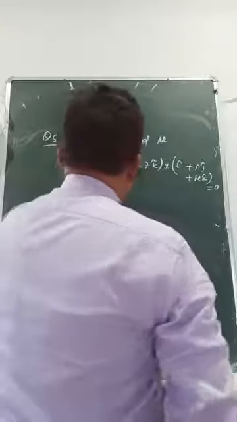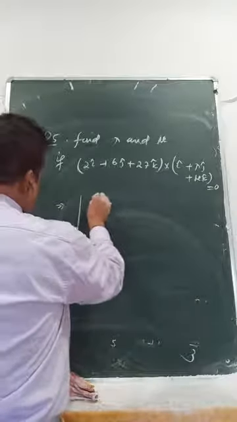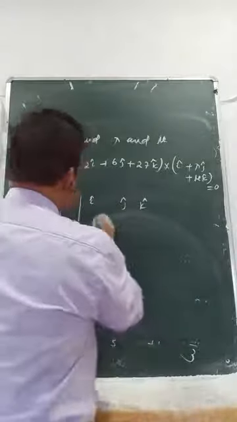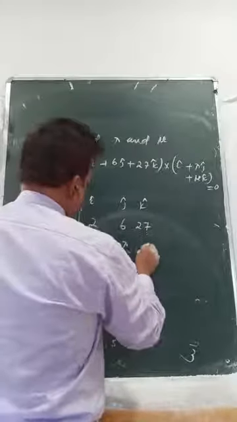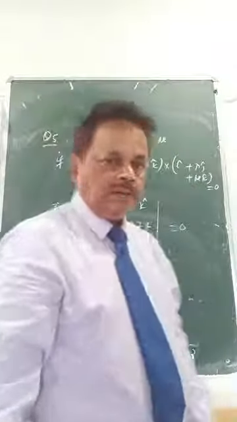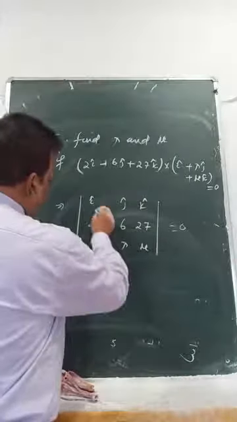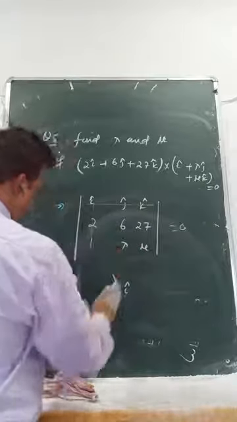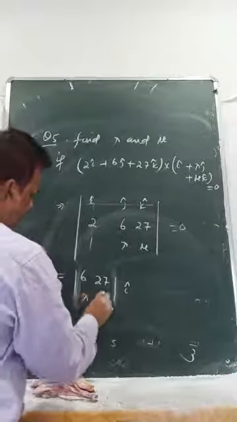So look, what is cross product? i, j, k; then 2, 6, 27; 1, lambda, mu; equals 0. This is given as 0. Then what do you get? i times, if you forget the i line, what do you get? 6, 27, lambda, mu.